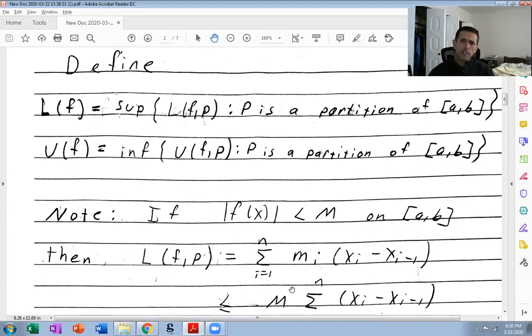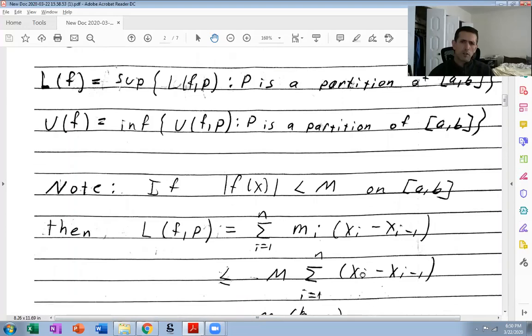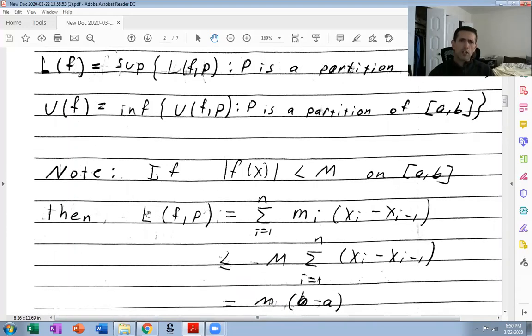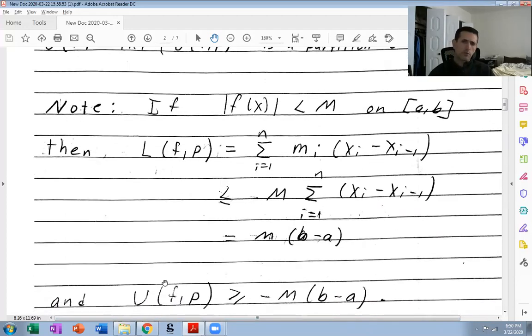So this here is just going to be equal to b minus a. It's just a telescoping sum. So the collection of all lower Riemann sums is bounded above by M(b − a). And similarly, you can prove the collection of all upper Riemann sums is bounded below by −M(b − a).